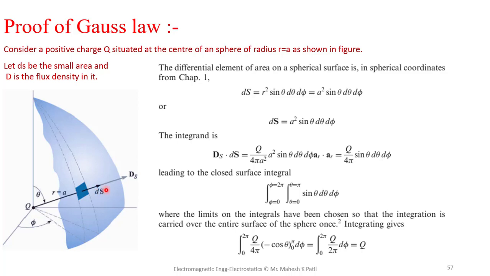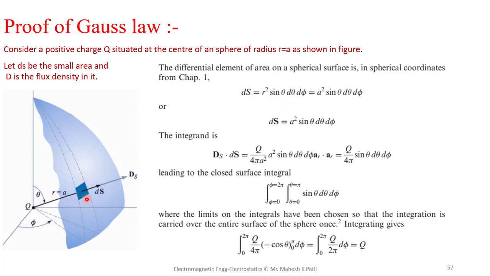ds bar. Now the differential element of area on a spherical surface in the spherical coordinate system, that area ds can be written as r square sine theta d theta d phi. Why is it written as r square sine theta d theta d phi? Because it is written for r constant.